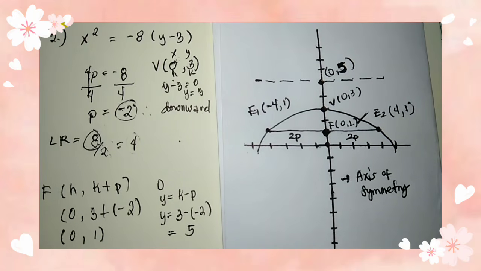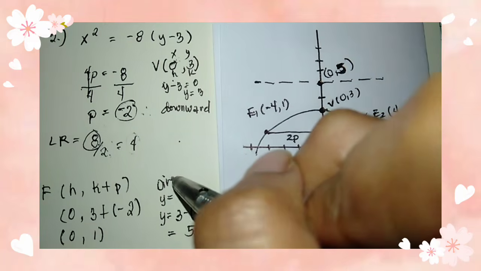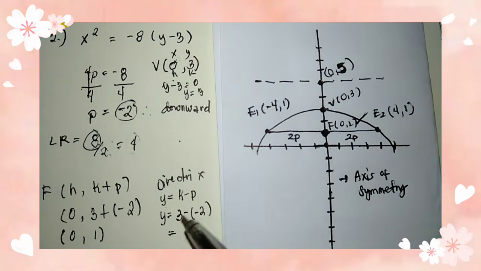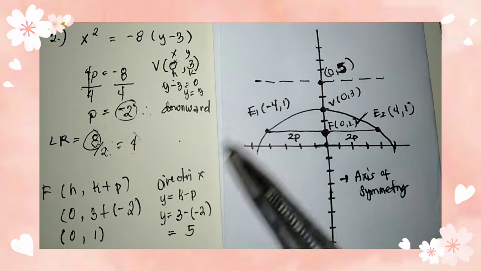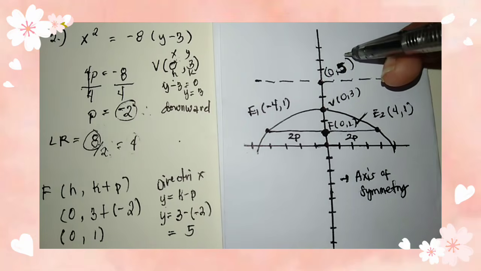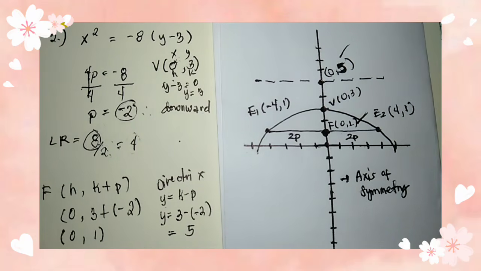Next, let us see if we are right about the directrix. Y is equal to k minus p, since our k is 3 and our p is negative 2. So 3 minus negative 2 is equal to positive 5. Let's see, is it right? (0, 5). So our directrix is correct.